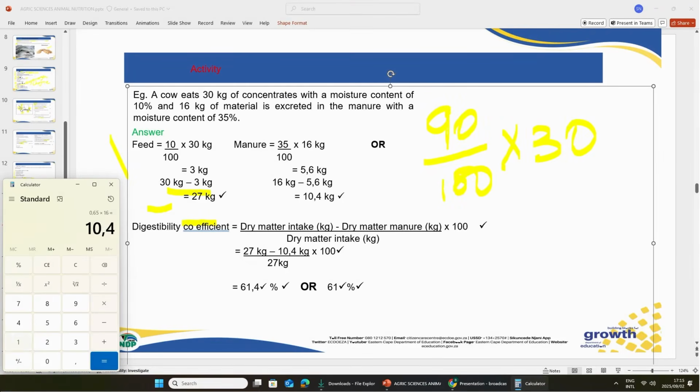Of a feed of 100, only 61.4 has been digested and absorbed by an animal, meaning 38.6% is the part of the feed that was not digested, was not absorbed, and was excreted by an animal, which is a loss for the farmer at the end of the day.